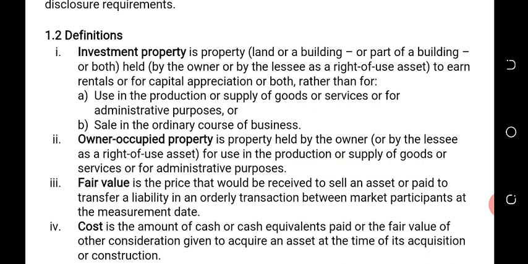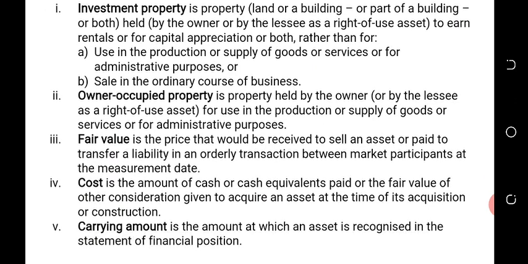So it must be treated in line with IAS 16. When we are doing our exam and we have a property used for production or supply of goods and services and for administrative purposes, that property is in line with IAS 16.